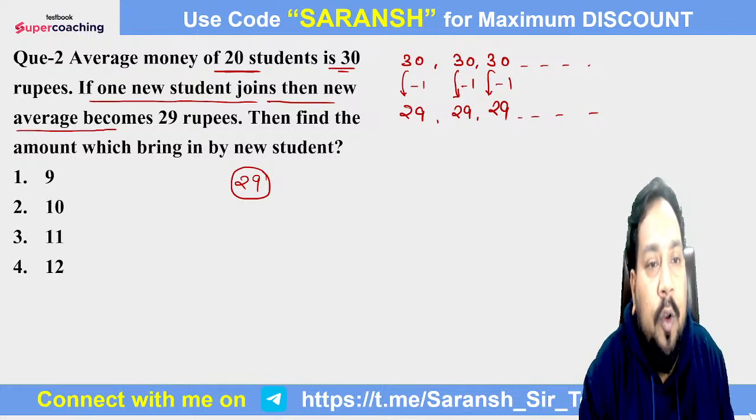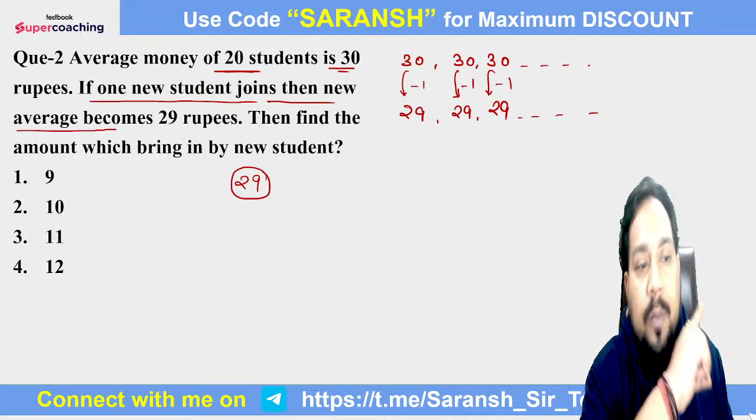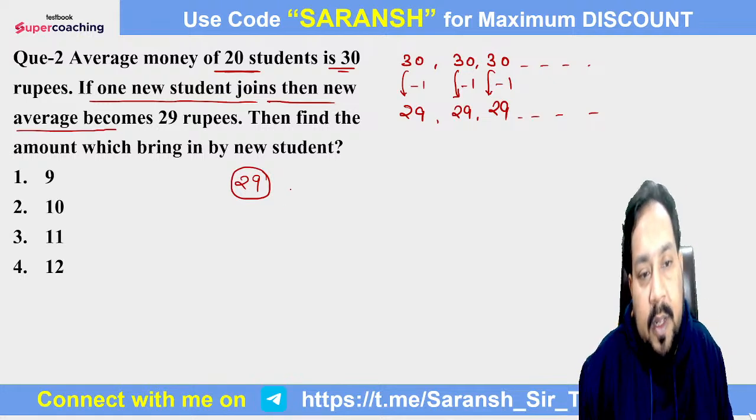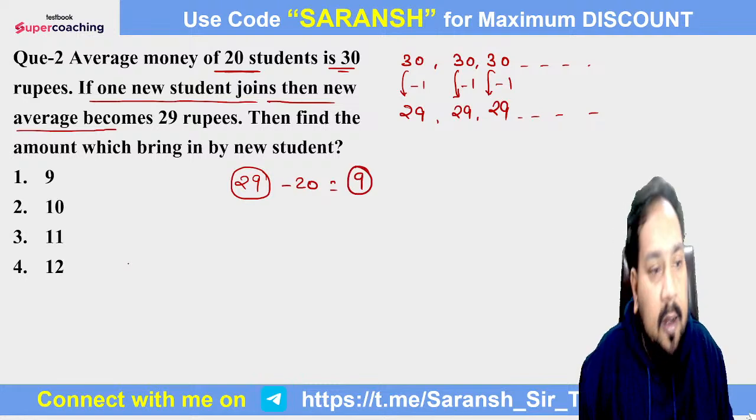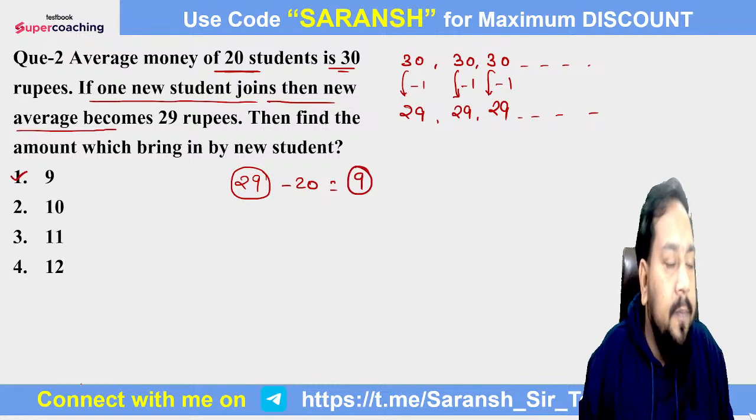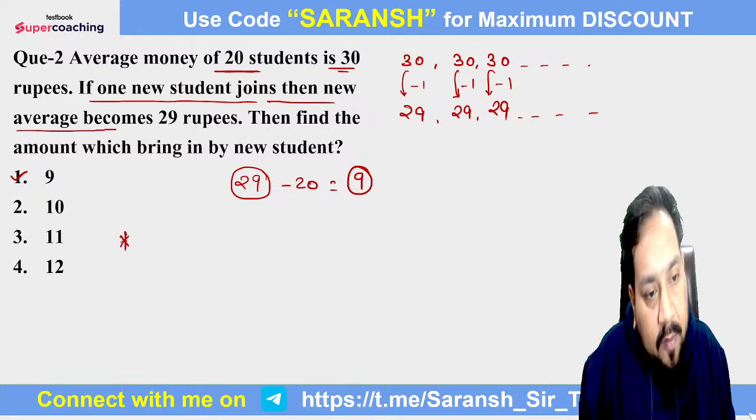In this 29, 20 rupees came from those students. So 29 minus 20 is 9. The answer is 9.